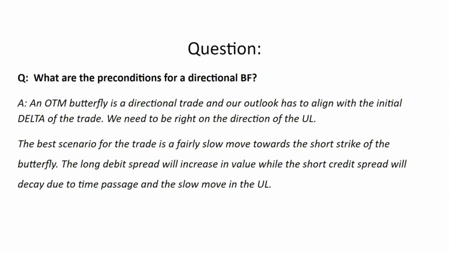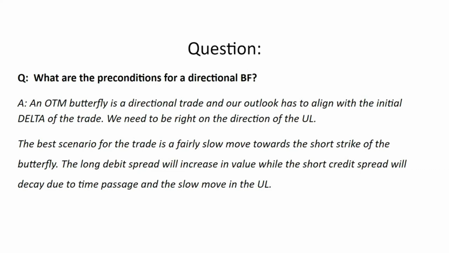But the reason why we're using out of the money call butterflies, it's not dependent on any particular signal. If you're bullish on the price of the underlying in the near term, then you are going to look at potentially placing an out of the money call butterfly. If you are bearish on the price of the underlying in the near term, then you should be looking at placing an out of the money put butterfly.